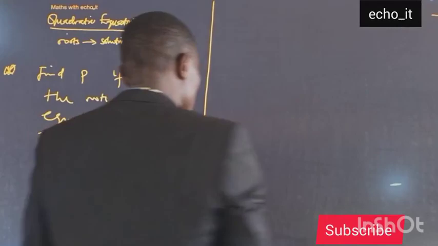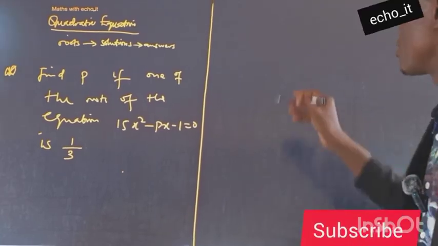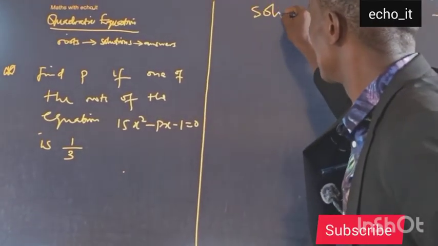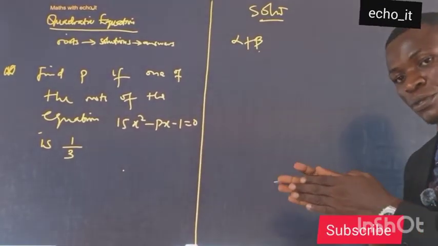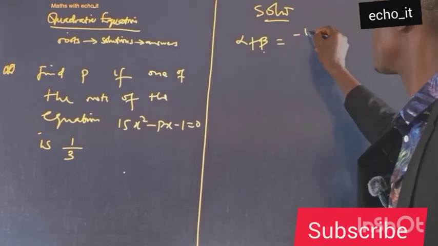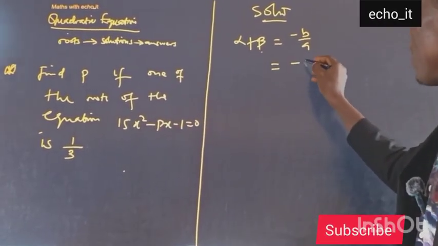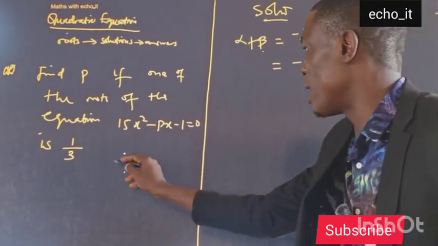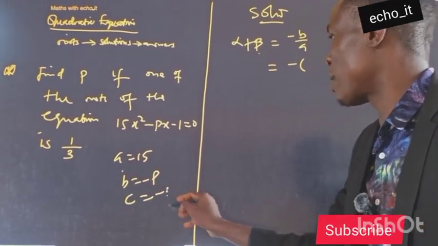So in this case, you still use the idea of sum and product of roots. We know that the sum of roots alpha plus beta, if alpha and beta are the roots in this case, is minus b over a. So from here, a is 15, b is minus p, and c is minus 1.